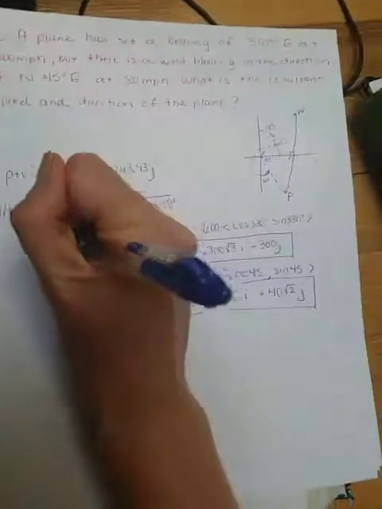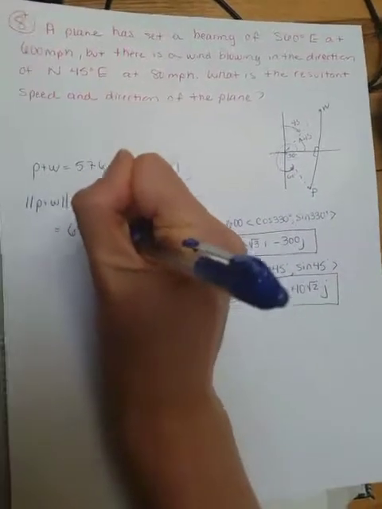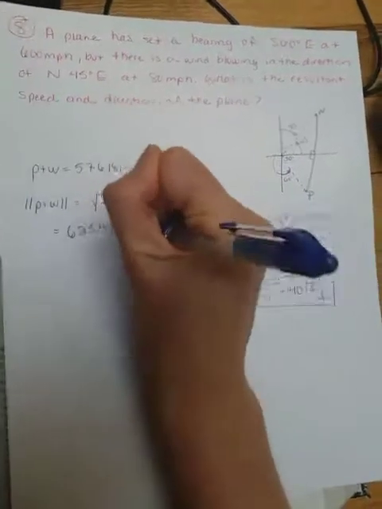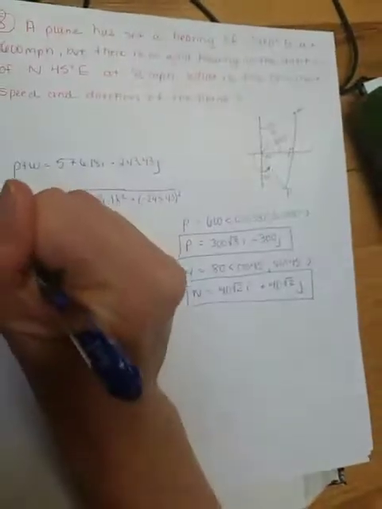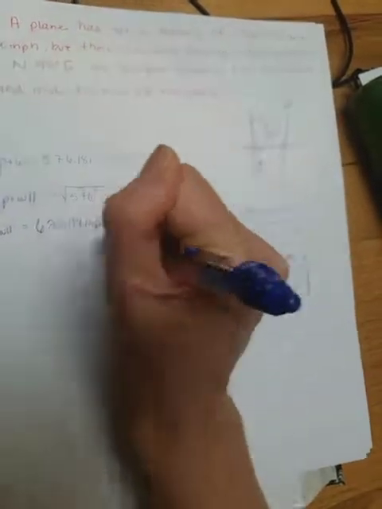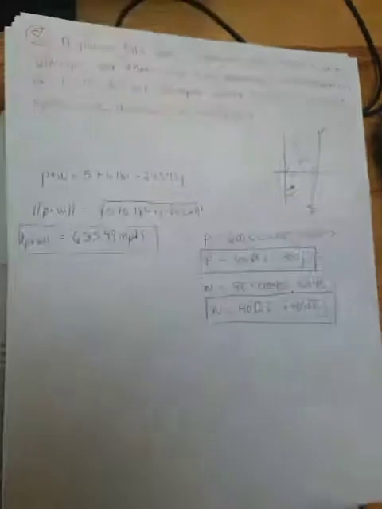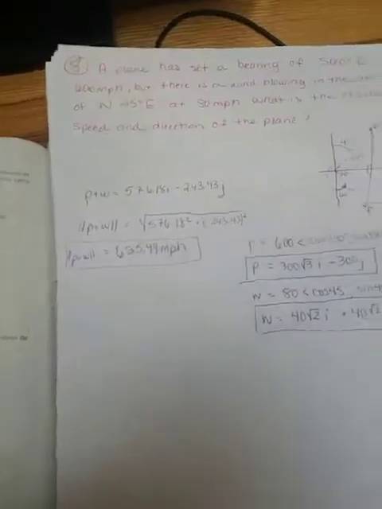When you do that, you get 625.49, and that's miles per hour, because that is what that piece of the vector is. So that is your resultant speed.